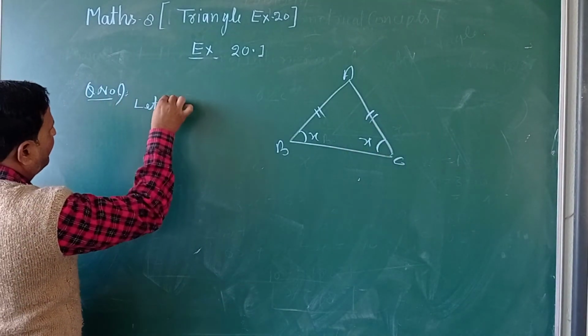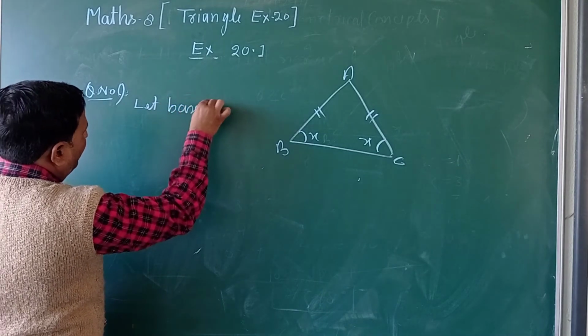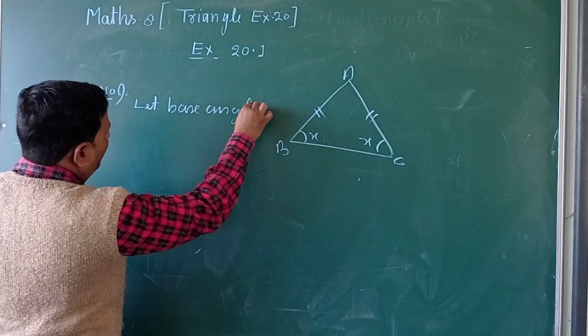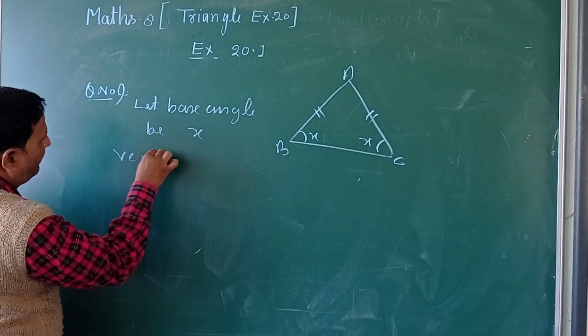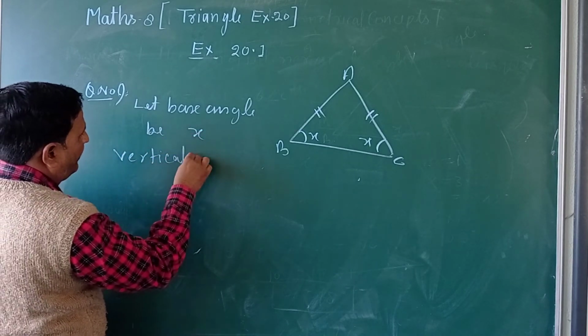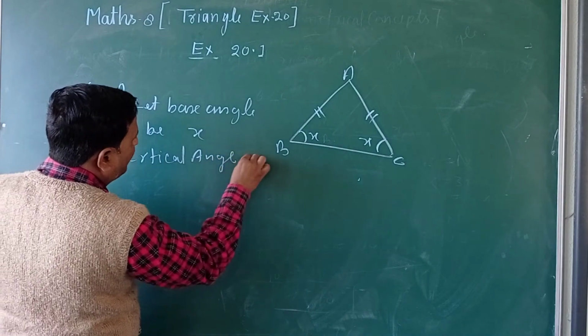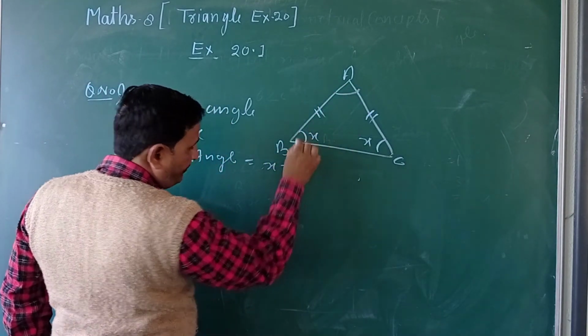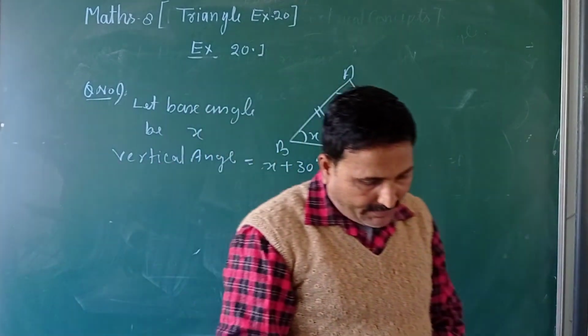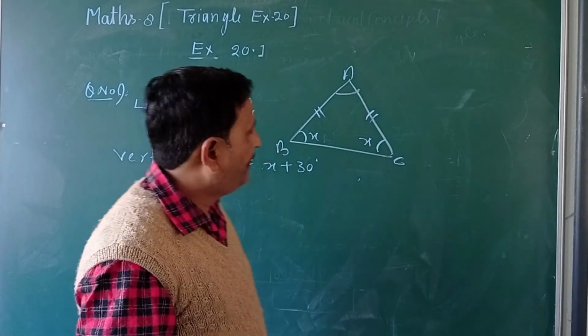Let the base angle be x, then the vertical angle, this angle, is x plus 30, 30 more than x.